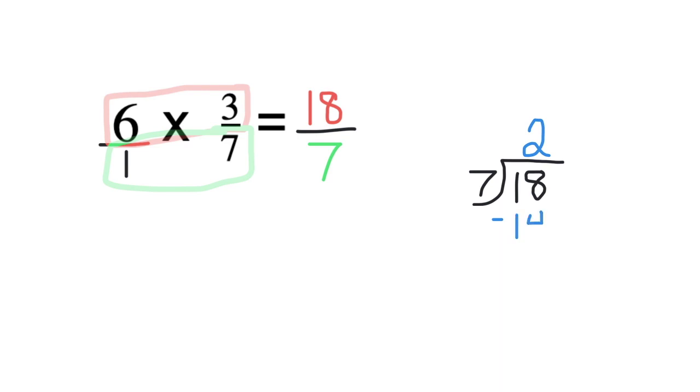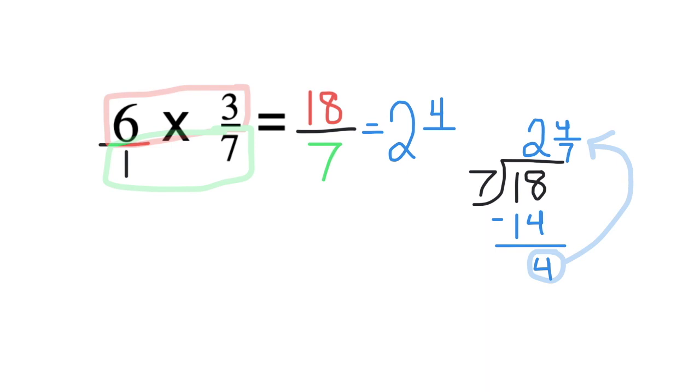We're going to subtract 14 because 7 times 2 is 14, and we are left with 4. That 4 is going to become your new numerator, and your denominator is going to stay 7 since it was sevenths. So 18 sevenths is equal to 2 and 4 sevenths. 2 as our whole number and 4 sevenths as our fraction.